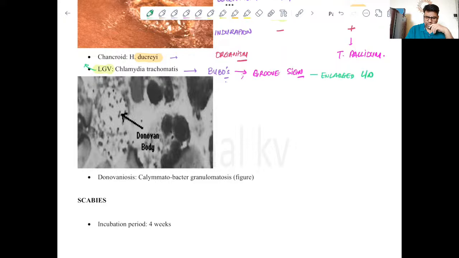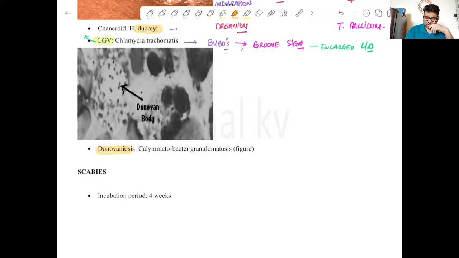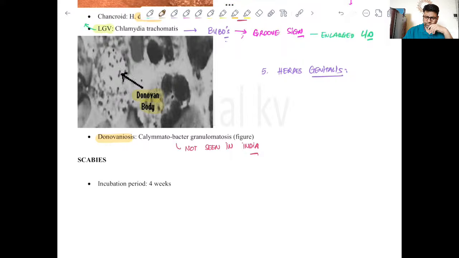Clear? Then one condition is donovanosis, which is caused by Calymmatobacterium granulomatis, and this is not seen in India. Clear? So it is not seen in India, and we can see Donovan bodies. Apart from this, there is one more genital ulcer disease, and that is herpes genitalis, which is caused by herpes simplex virus, of course.